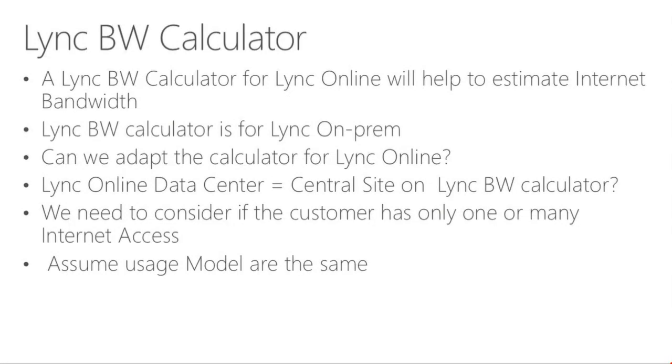It's just that my data center is different. It's not with me. It's on internet, but it's still my data center. The other change is that in this case, all the users are external from the Office 365 perspective. But for me, I can still say that they are like internal users. So let's see how we can do that.